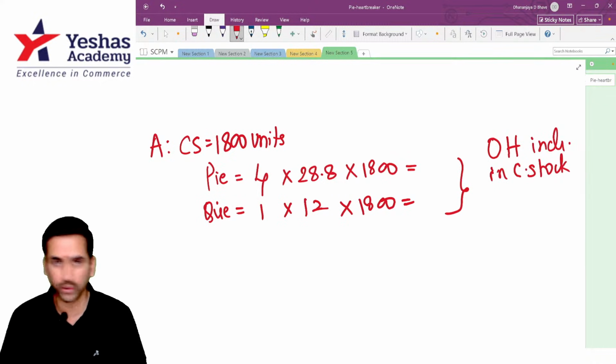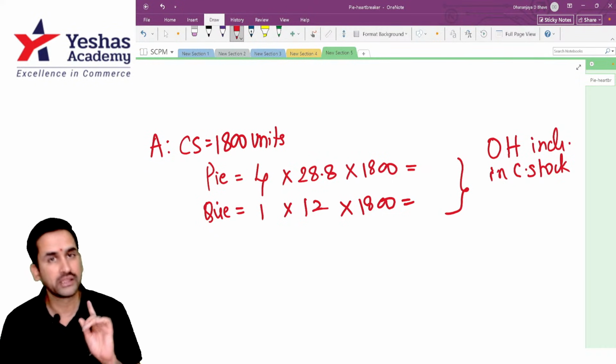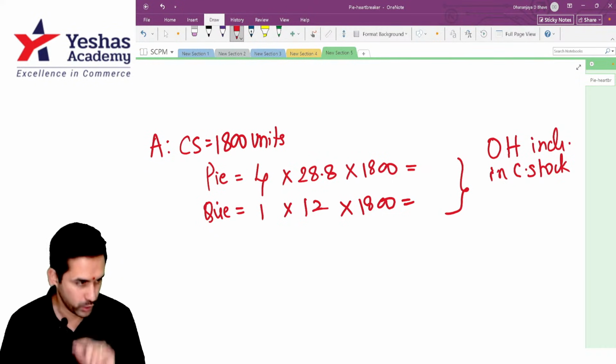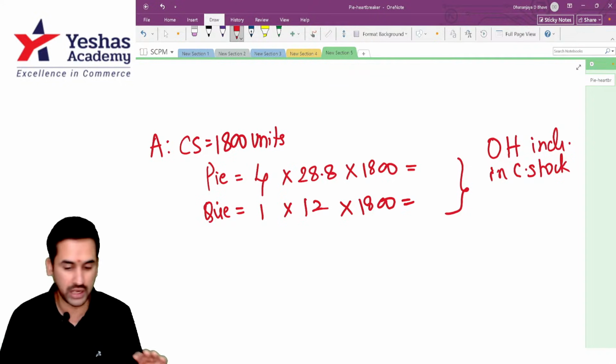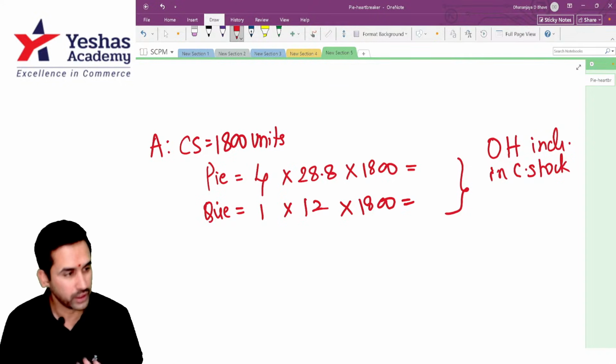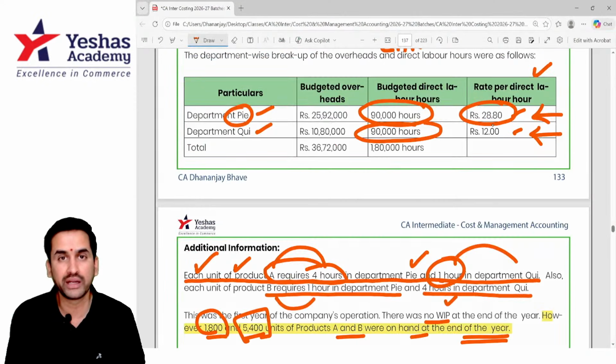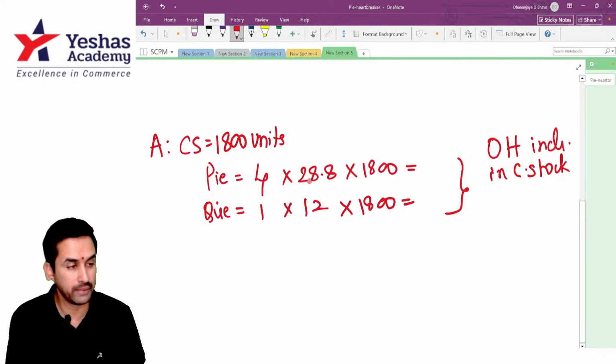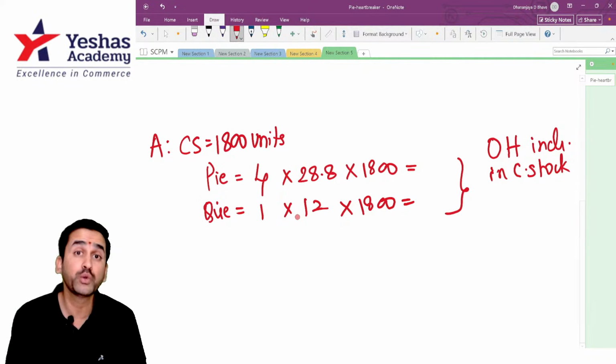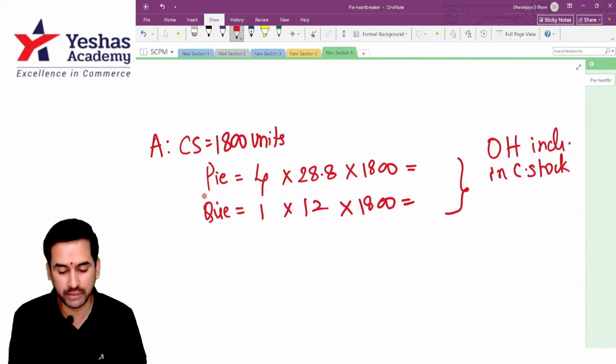Did you understand what I wrote? 1800 units are still with me, and to produce that we have spent 4 hours in P, 1 hour in Q. Every hour that we spend in P, overhead cost is 28.8 rupee, and every 1 hour in Q is 12 rupee. So when I multiply 4 into this, 1 into this, I will get to know overhead per unit. And how many such units? 1800 units. So when I multiply P plus Q added, I get to know overhead value in closing stock.